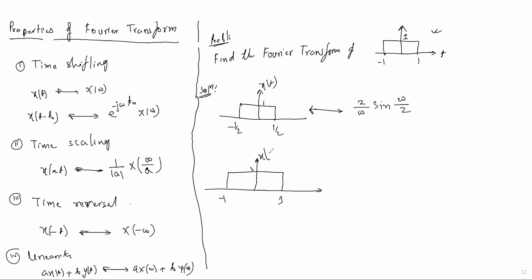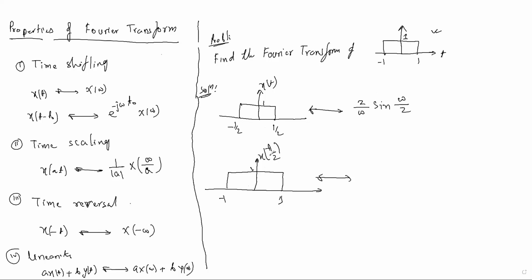To find this rectangular signal from x(t), the signal given in the problem will expand by 2, okay? 2 factor, we have to multiply by 2. The expand would come when a is less than 1. So you have to write t by 2.